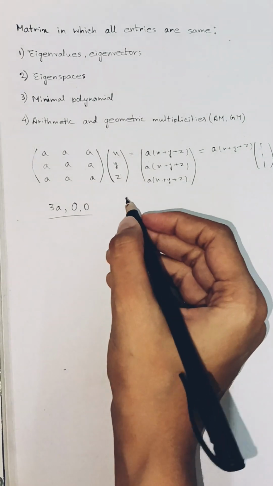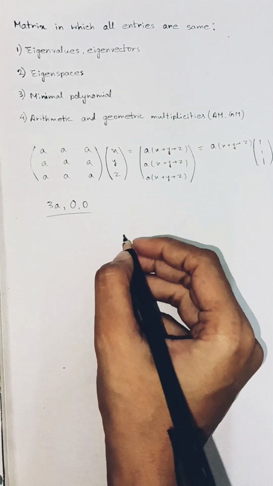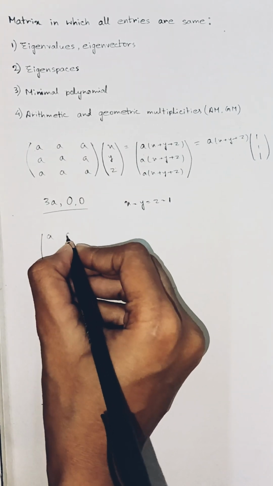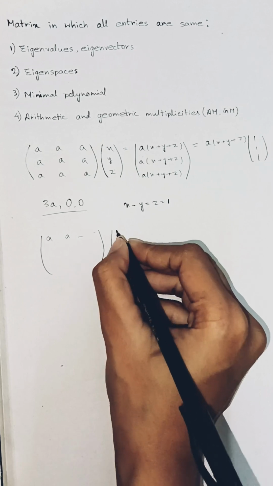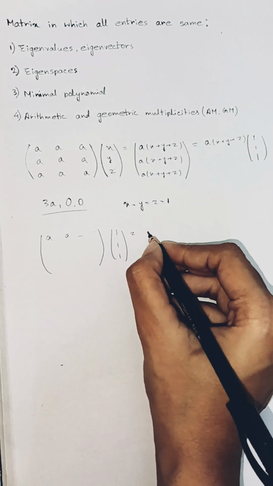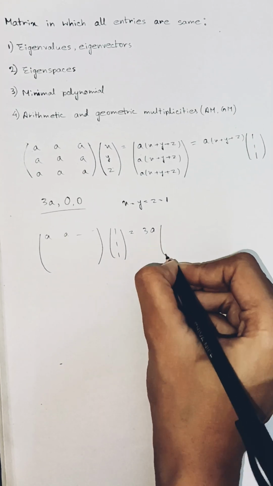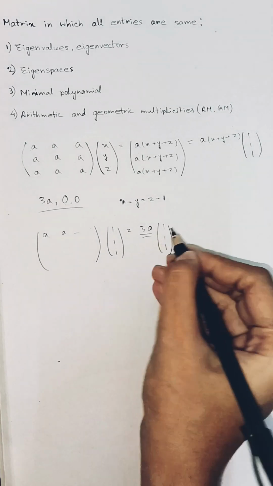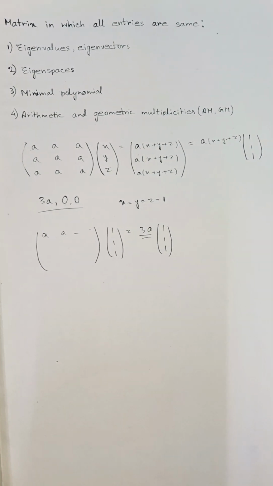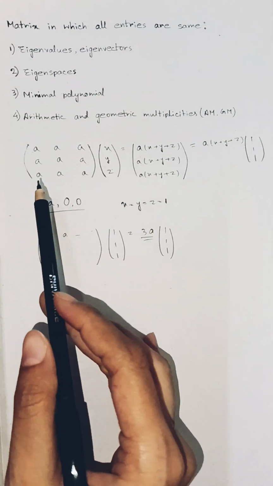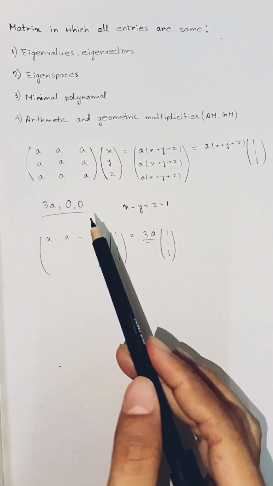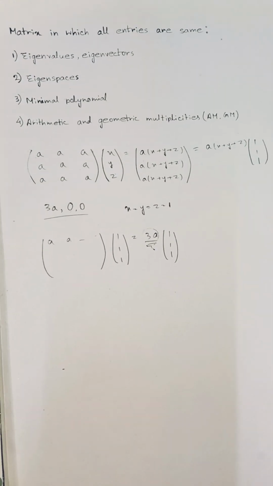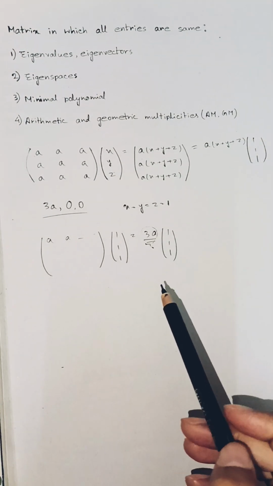Now here, if we put x is equal to y is equal to z is equal to 1, then all the entries are same in this matrix, and 1, 1, 1 will give 3a into 1, 1, 1. So 1, 1, 1 becomes an eigenvector, while 3a is an eigenvalue. So if the sum of all entries in each row is same, then that value will be an eigenvalue, and 1, 1, 1 will be the corresponding eigenvector.